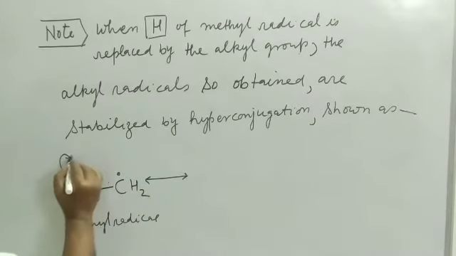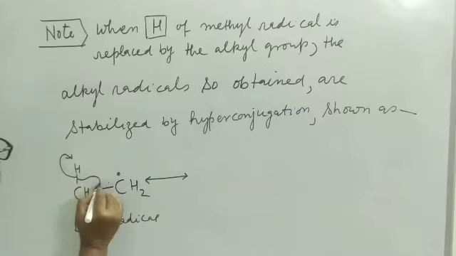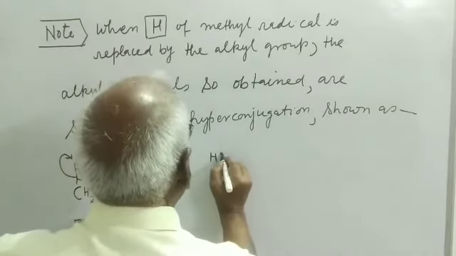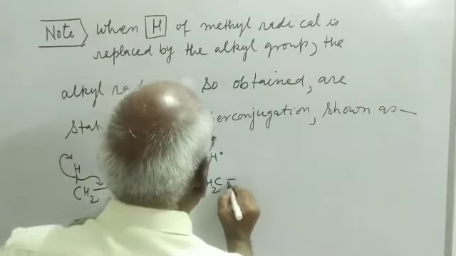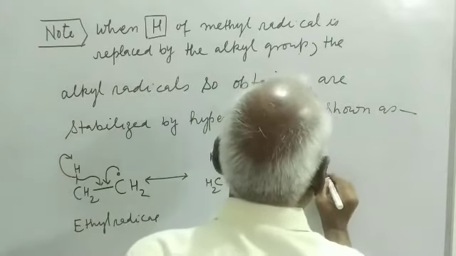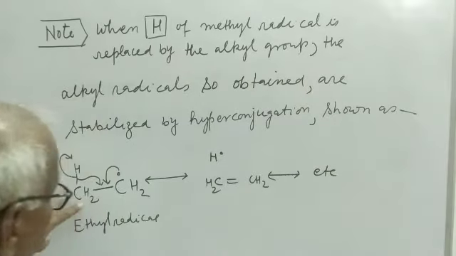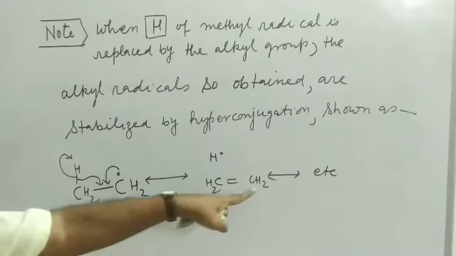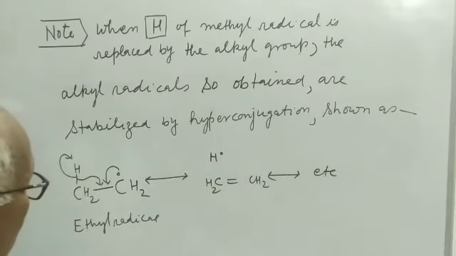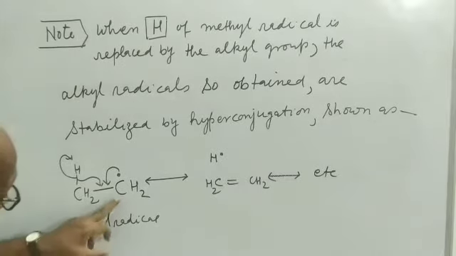One electron goes over here and the other comes over here, so there is formation of a double bond, and this is the free radical CH2, and this is the CH2, and so on. Because it carries 3 alpha hydrogens, it will give 3 more structures. The total number of hyperconjugative structures is 4. What information do we receive from this hyperconjugation? It shows that the ethyl radical is planar.